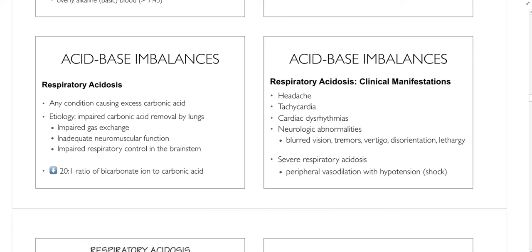So some of the things that can cause respiratory acidosis. Respiratory acidosis is most likely the most common, the main cause of an acid-base imbalance in a patient, mostly because anytime you have a respiratory issue like COPD, CHF, pneumonia, pneumothorax, pneumonitis, an asthma attack, anything that is affecting the lungs like that can cause a profound and quick impact to the pH.